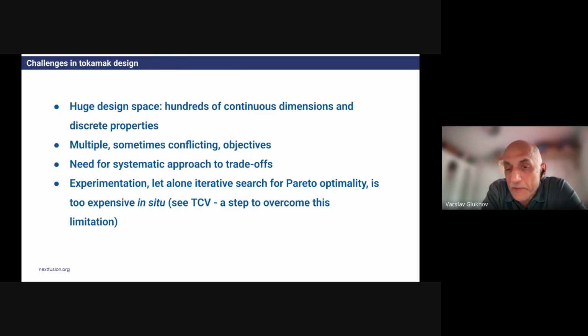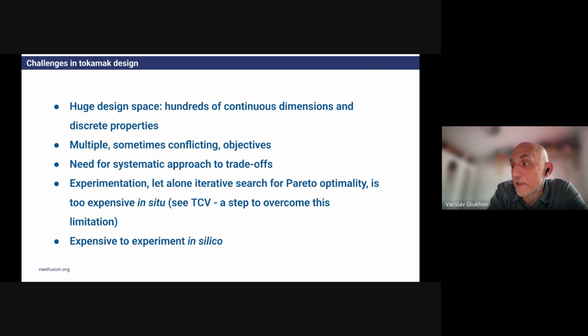And TCV that Adriana mentioned, I think it's an attempt to have a physical system that is configurable so that we can test different designs and different approaches. But it's still super expensive to use in experiments. So we use computer experiments, and computer experiments again are very expensive. You want to have a full simulation of plasma from larger scales to shorter scales.